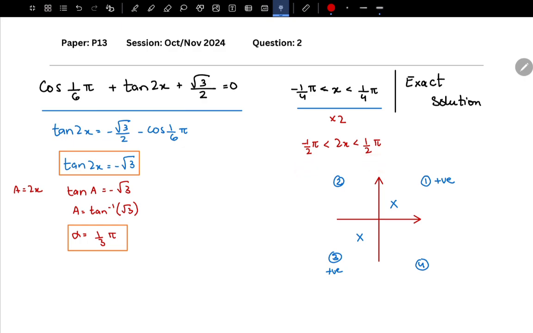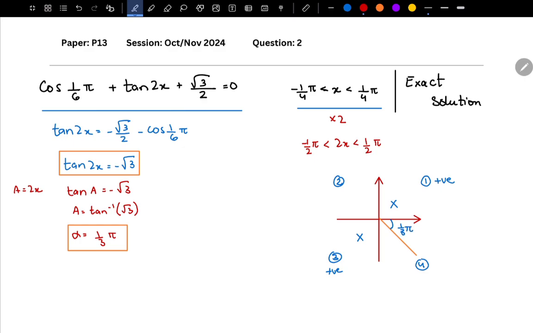Within this range, since we already know that it cannot be in the first quadrant because over here only positive tangents are there, the only remaining quadrant is the fourth quadrant. So we can make our graph in the fourth quadrant, and we know that the alpha value is 1 upon 3 pi.